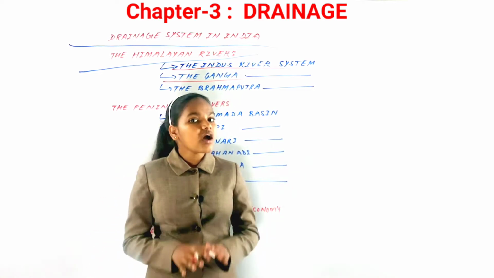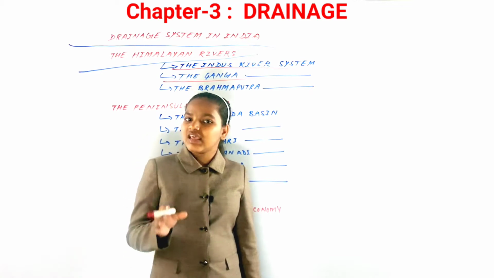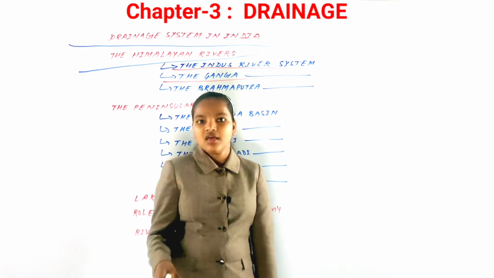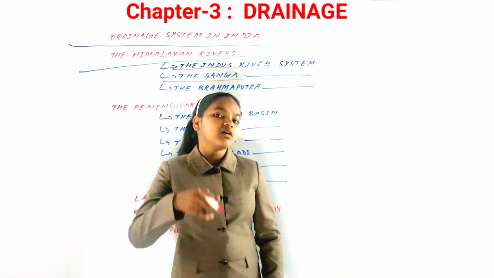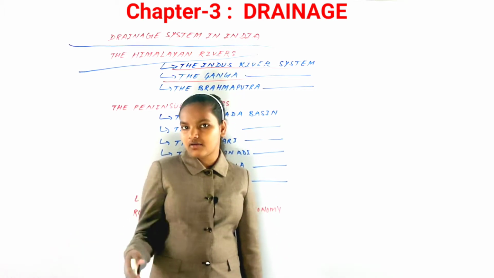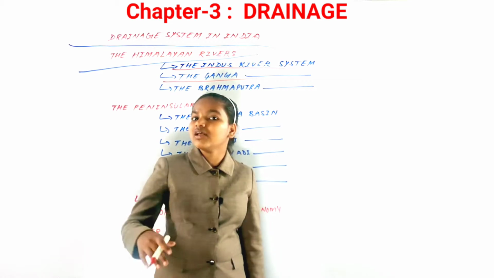It is named Ganga because the Bhagirathi River is from the Gangotri glacier. So by the joining of those two rivers, the Ganga River is made.